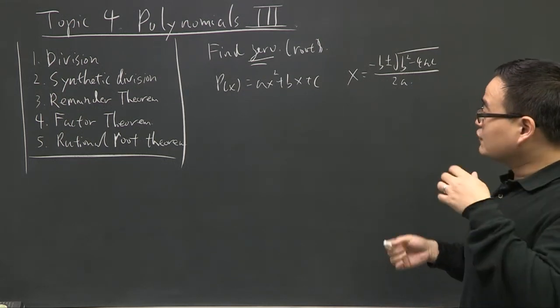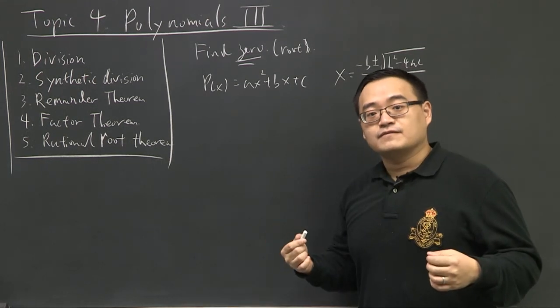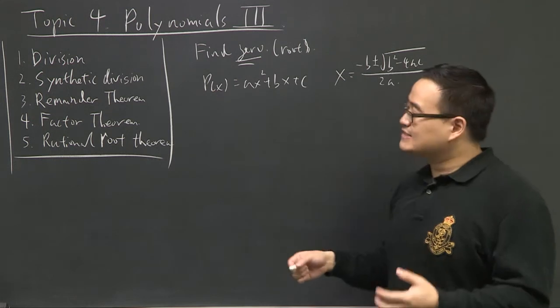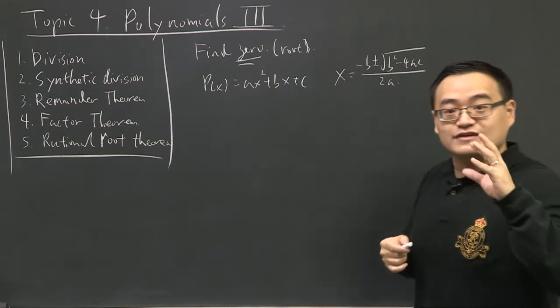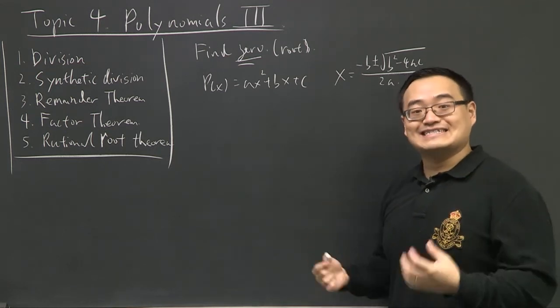So this is what we talked about in the previous topic. What if your function gets a degree higher? What happens at the third degree? Is there a panacea, a formula that allows you to solve the entire thing? No, unfortunately there isn't.